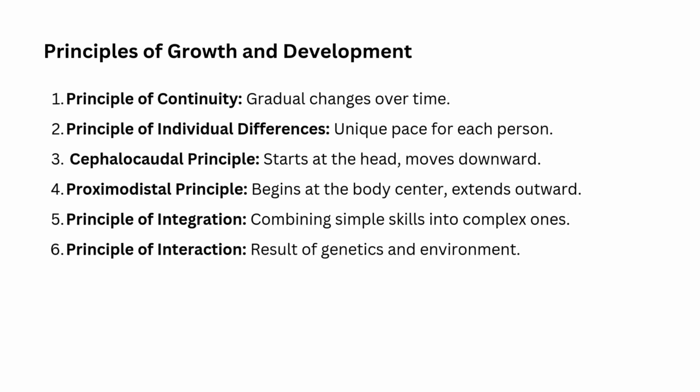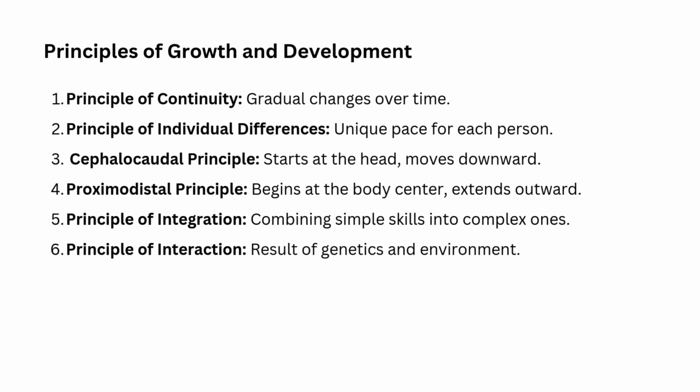This principle underscores the importance of a supportive environment for optimal development. So these principles basically remind us that growth and development are interdependent processes influenced by internal and external factors that educators and parents should nurture.